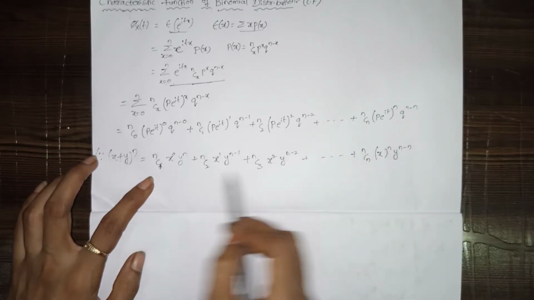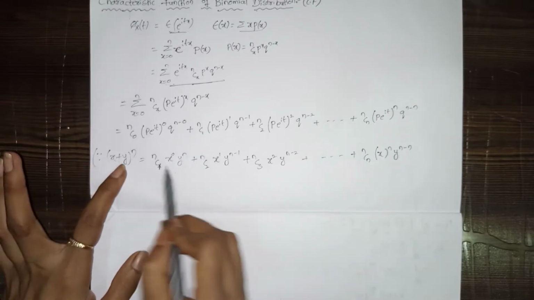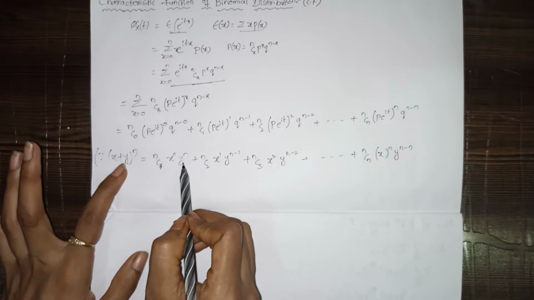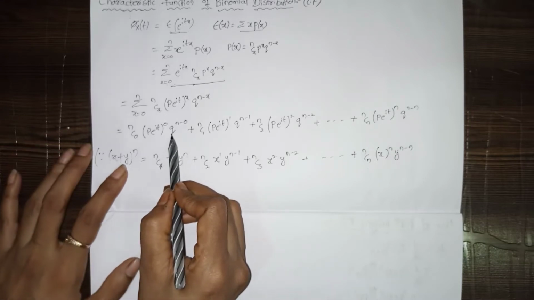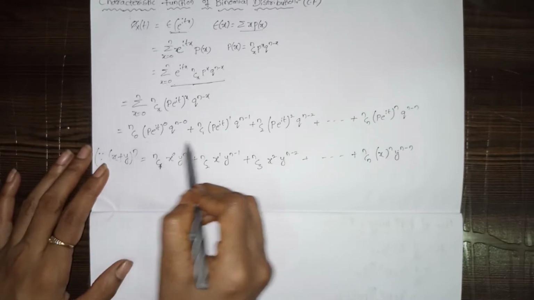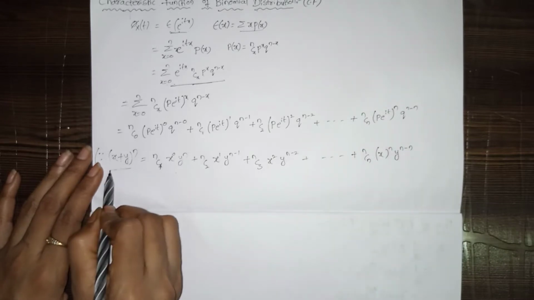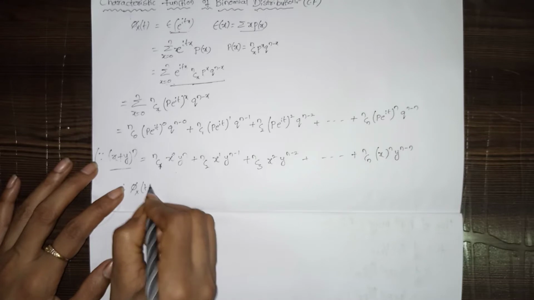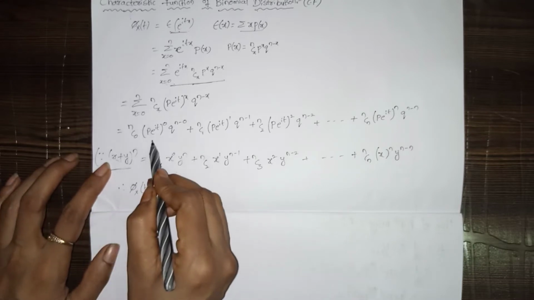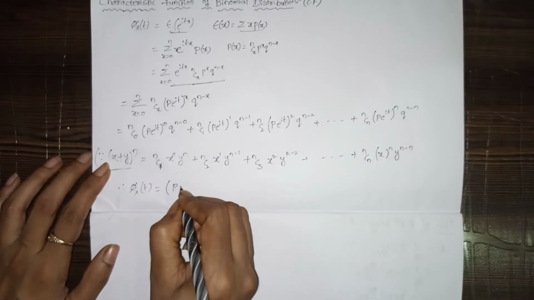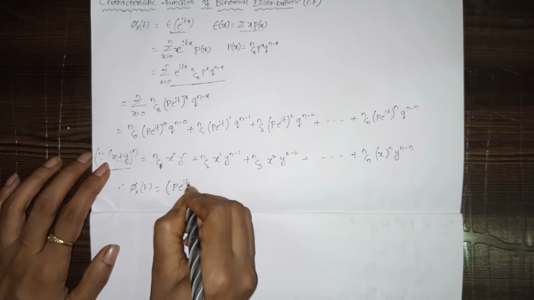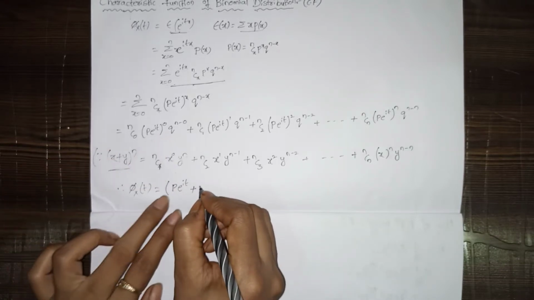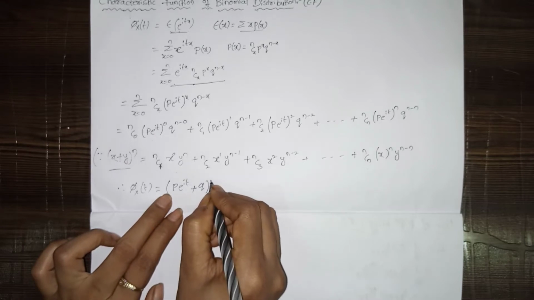Okay, if you compare this term and this term, it will be the same, but in place of x we have p into e power it, and in place of y we have q. So now we have to write this whole term in this format. Therefore phi x of t equals x, in the sense p into e power it, plus y, in the sense q, whole power n.